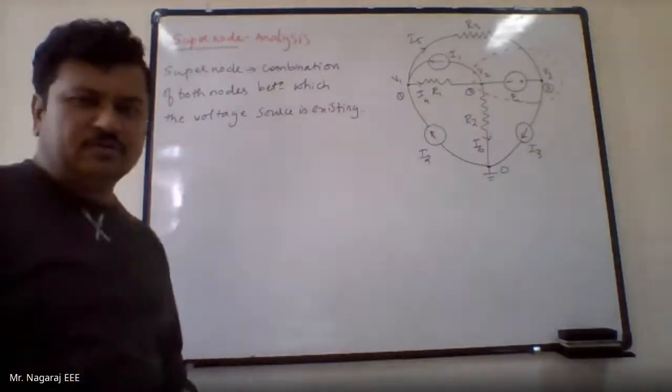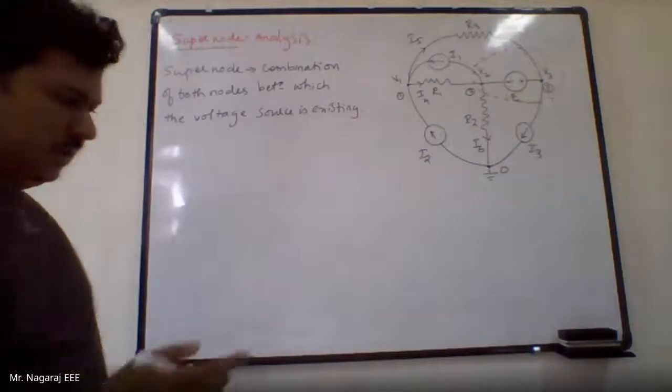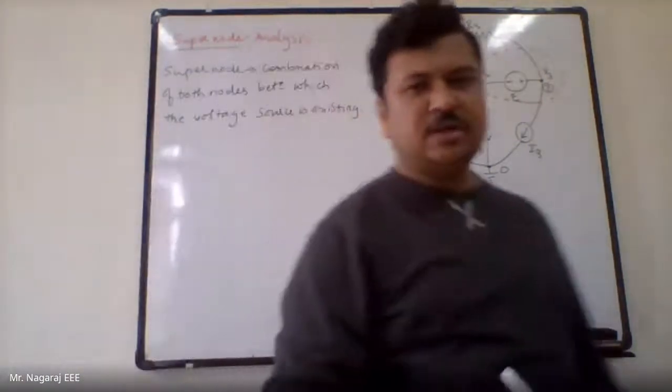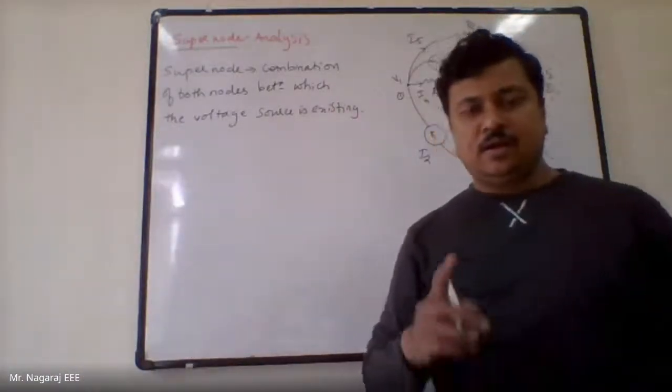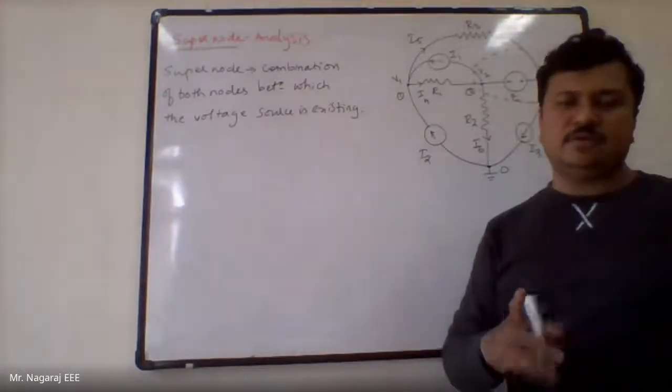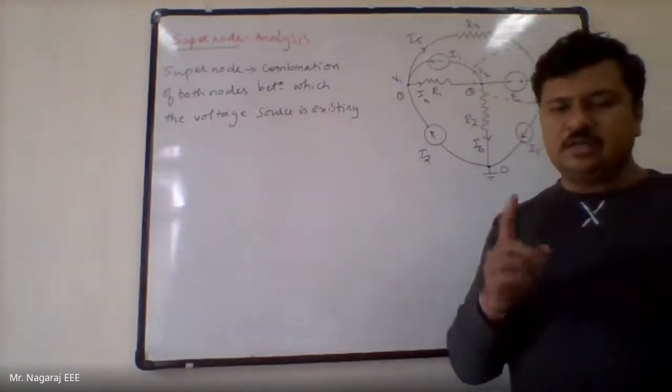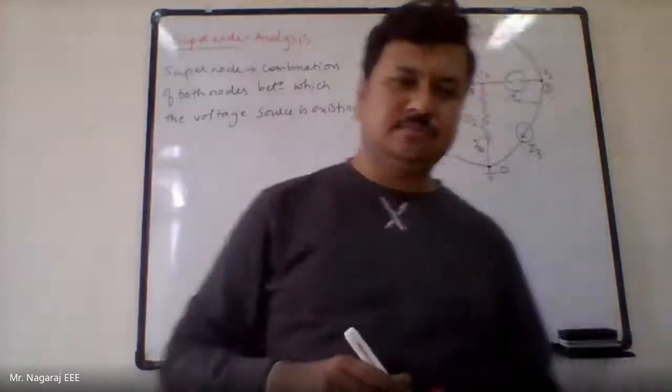After taking, what should I do? Then I should be writing the node equation or the KCL equation simultaneously for the supernode, considering the respective branch currents connected to the node.